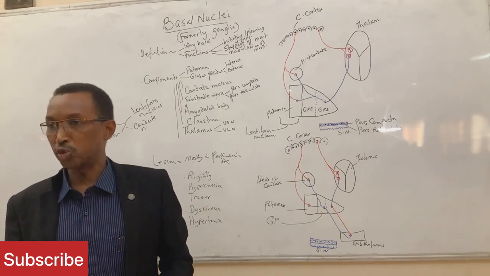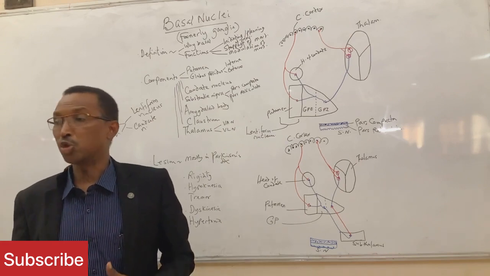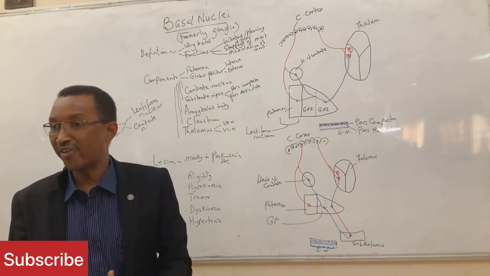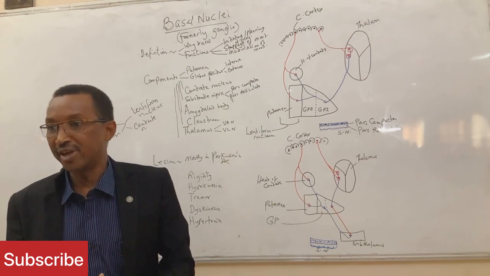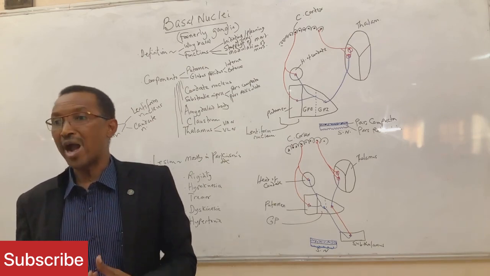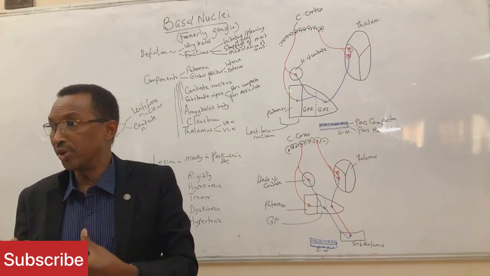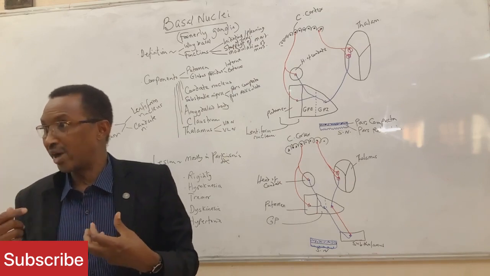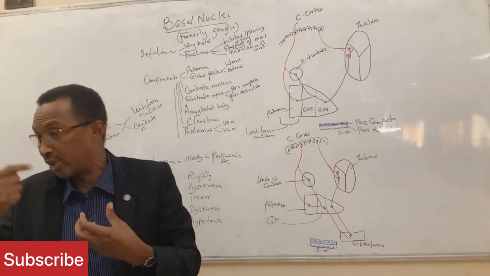If you ask the person to move, it is difficult. If he starts moving, there will be difficulty in stopping. Or when you ask the person to point to his nose, he will find difficulty.